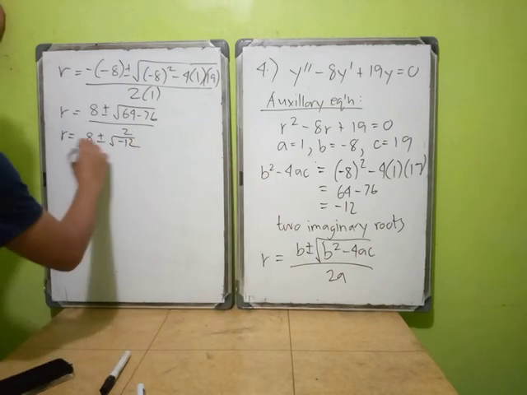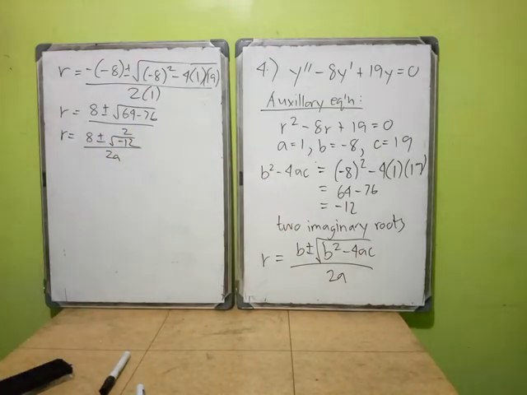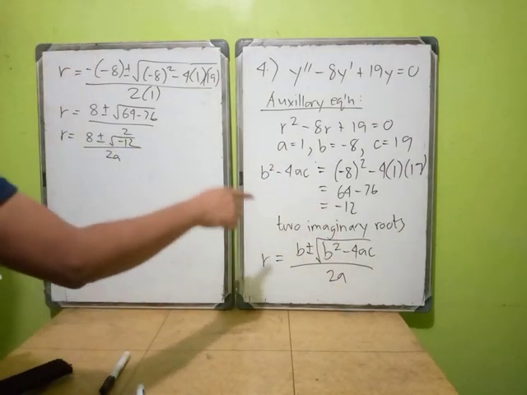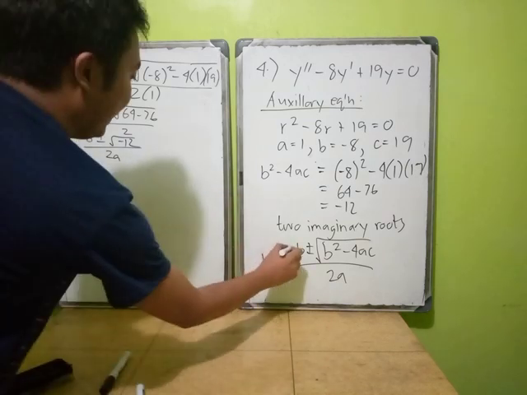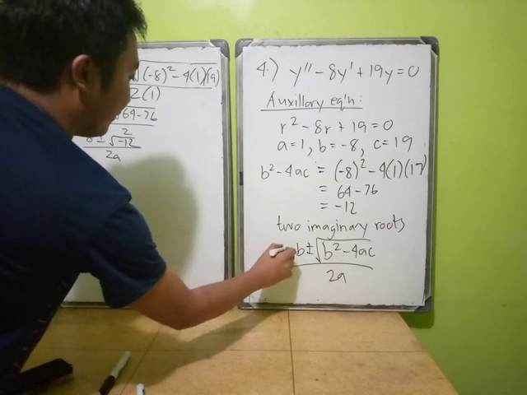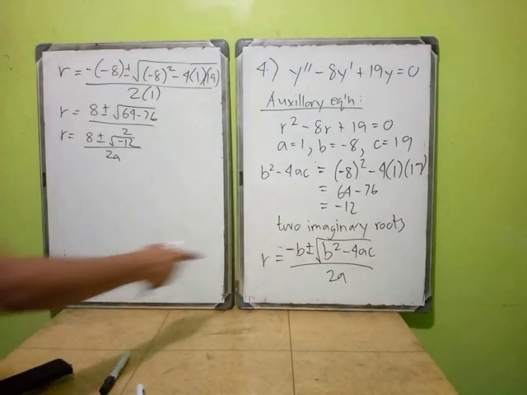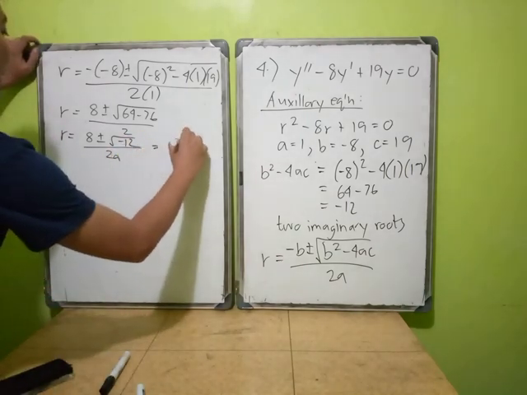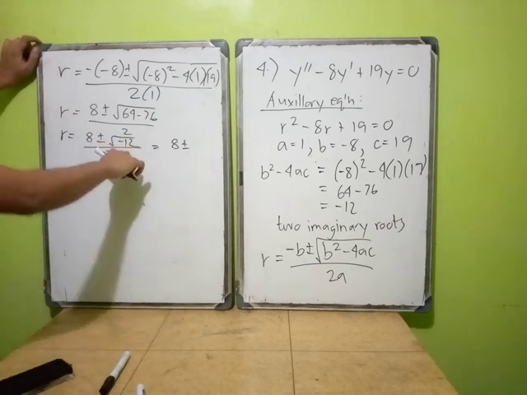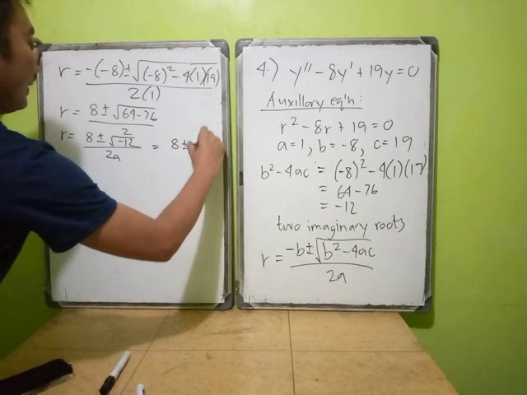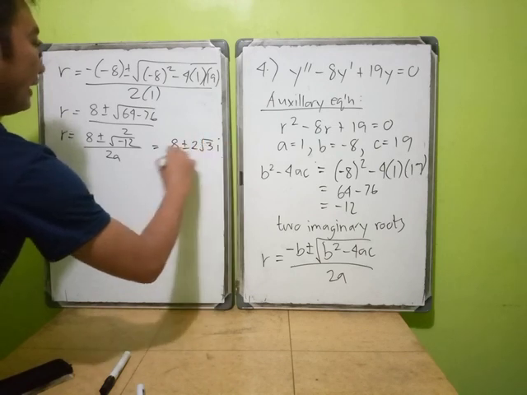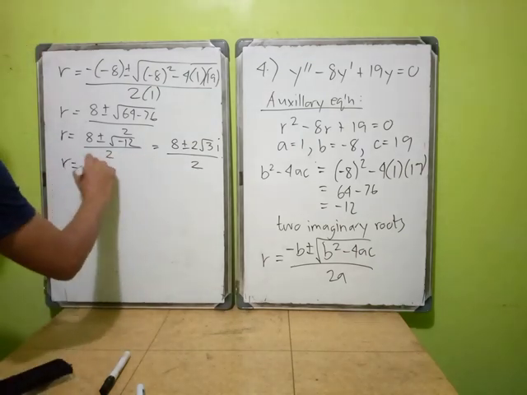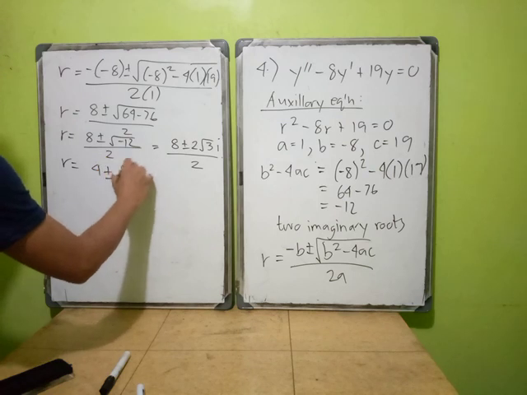The square root of negative 12 is i times the square root of 12, which has a factor of 4, so we get 2 square root of 3 i over 2, or r is equal to 4 plus or minus square root of 3 i.